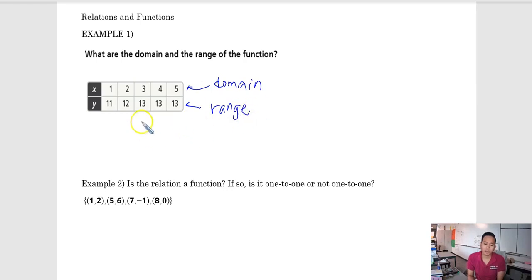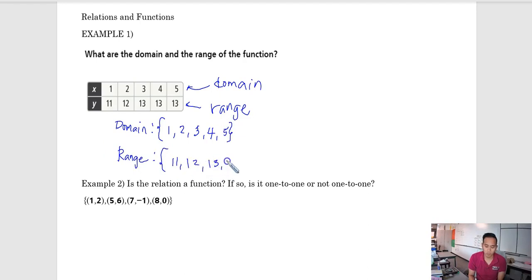So we can write them as: domain is the set of 1, 2, 3, 4, and 5. And then the range are the y values. So these are the set of 11, 12, 13, 13, and 13.